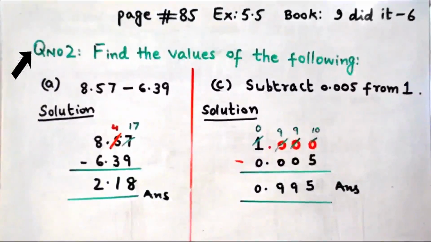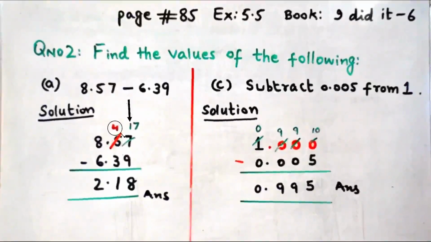Find the values of the following. A part. First of all, you have to arrange these numbers as per their values vertically. Write 8.57. Line up the decimals. 6.39. Now 7 is smaller than 9, so you have to take carry from 5.